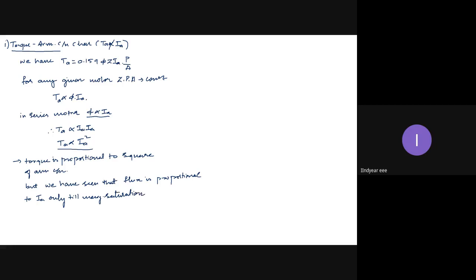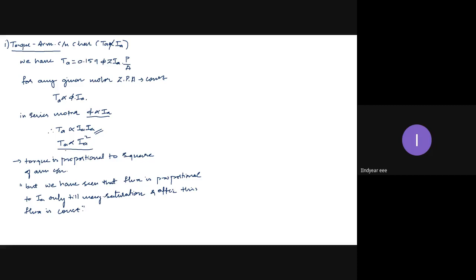After this, flux is constant. So with respect to this statement, when I observe this equation, TA is proportional to Ia in place of phi, but only up to saturation. After that, the effect of phi will remain constant.